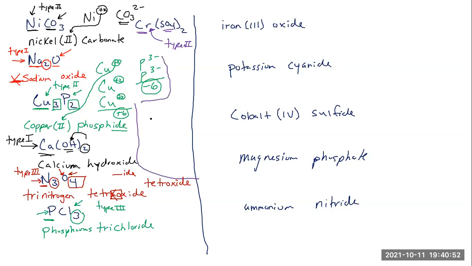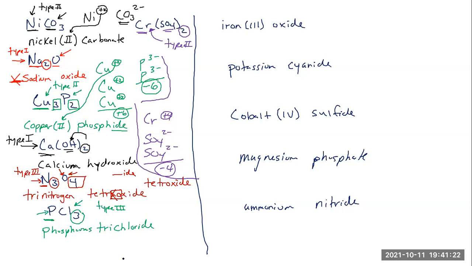So we got basically 1 chromium. We have 2 of these sulfates, which is a polyatomic ion, SO4 2 minus, SO4 2 minus. Grand total of our negative charge is -4. Since we only have 1 chromium, in this case, it's actually +4, not 2. And in this case, the name then would be, find somewhere right here.